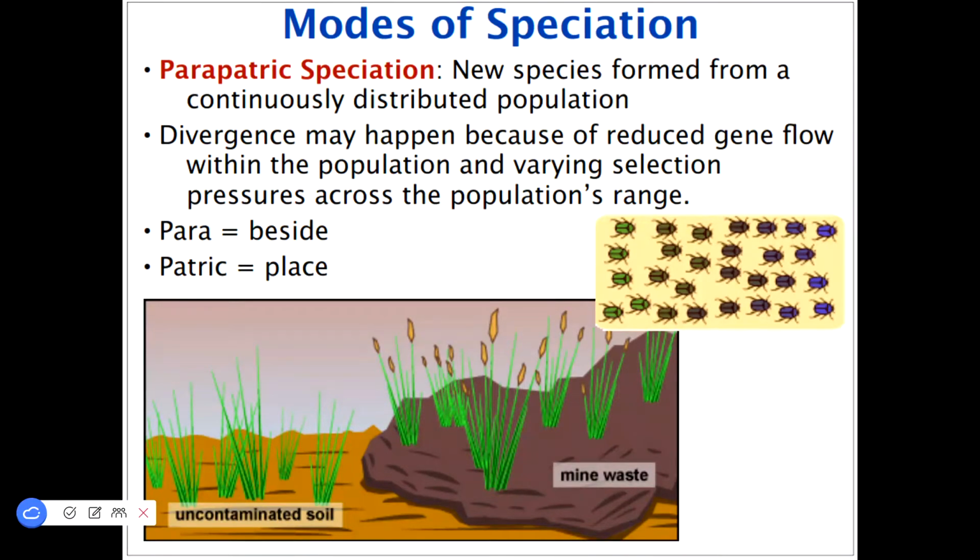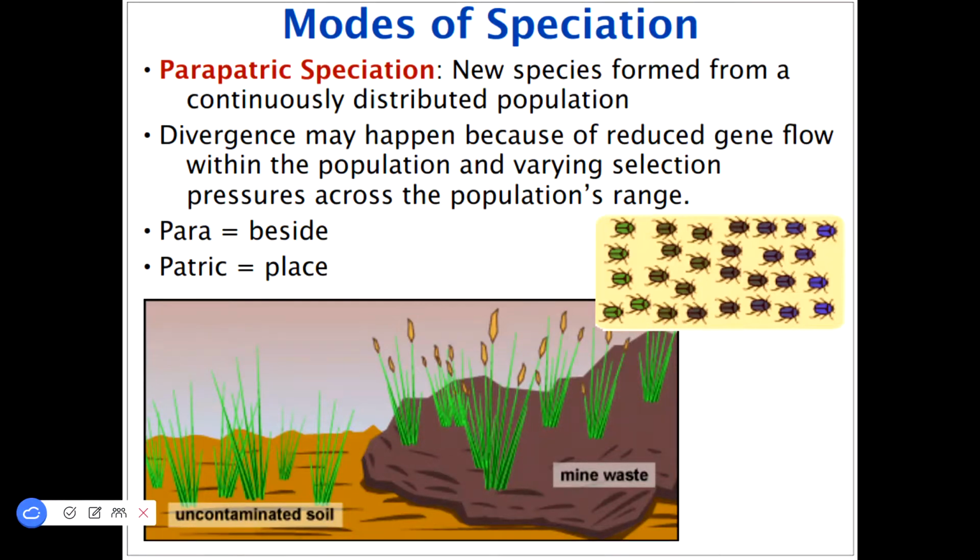And the original population of insects lived on the uncontaminated soil, but for some reason, some of these organisms, through random chance, random mutations, are able to actually survive and thrive on this contaminated area.